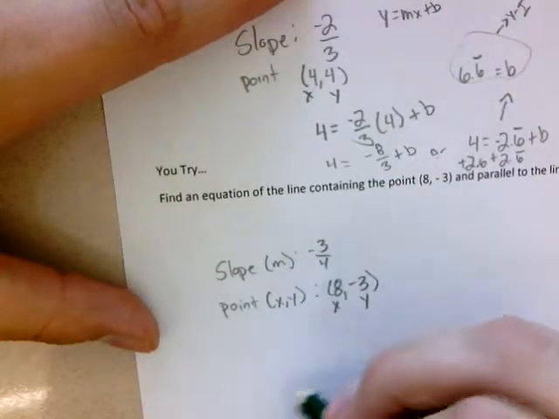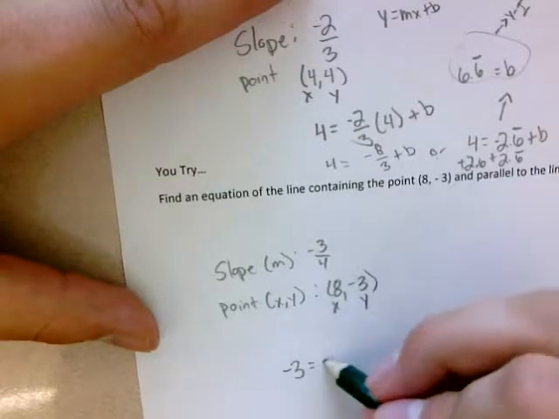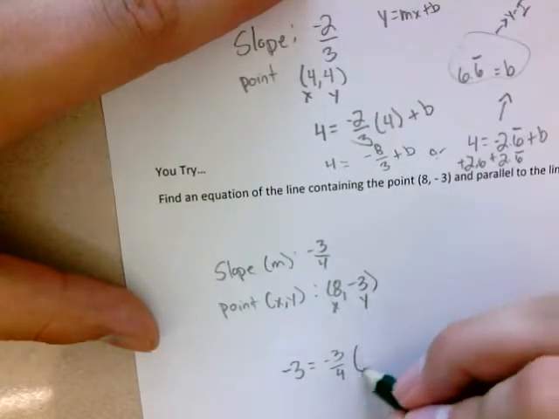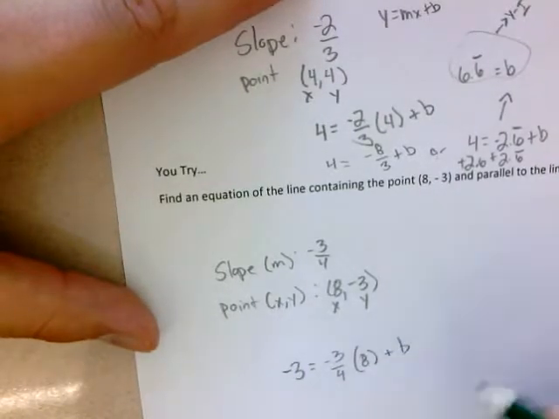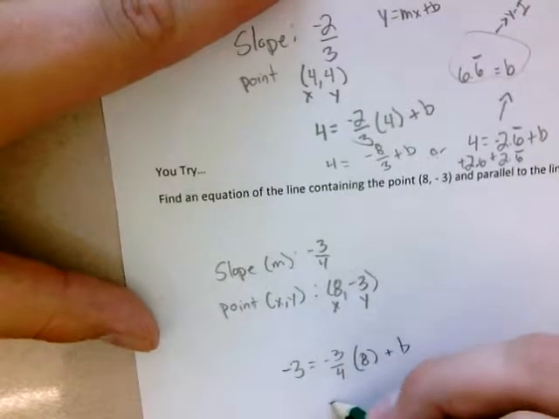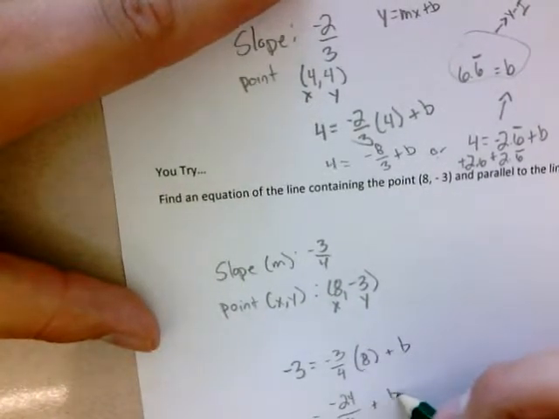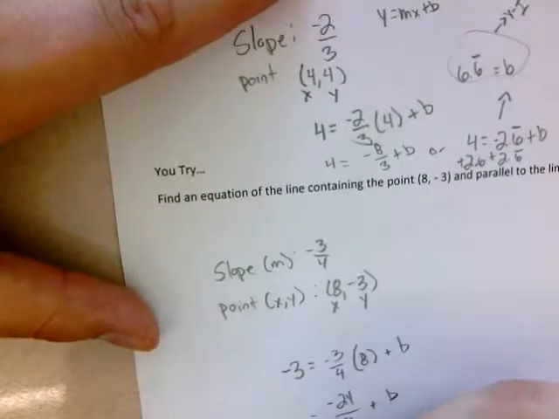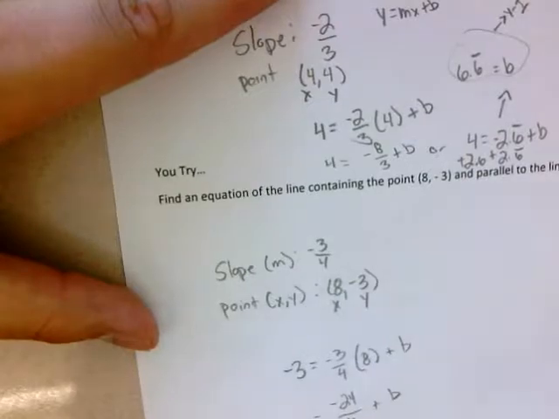So let's do this. Y is negative 3 equals negative 3/4 times 8 plus b. Put this in your calculator, you get negative 24/4. Negative 3 equals negative 24/4 plus b, or negative 3, when we reduce this down, becomes negative 6 plus b.